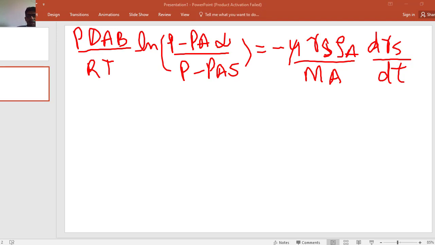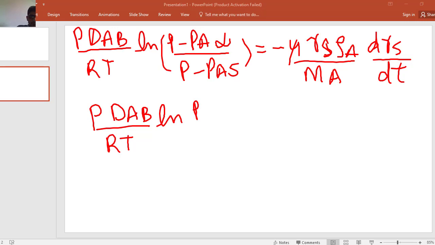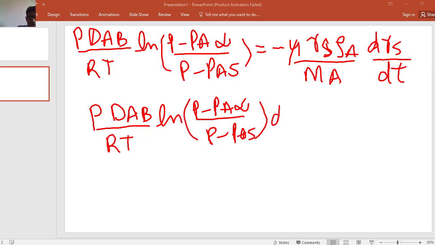So we can further simplify this equation: P DAB RT ln P minus PA infinity divided by P minus PAS into dt, and to MA.